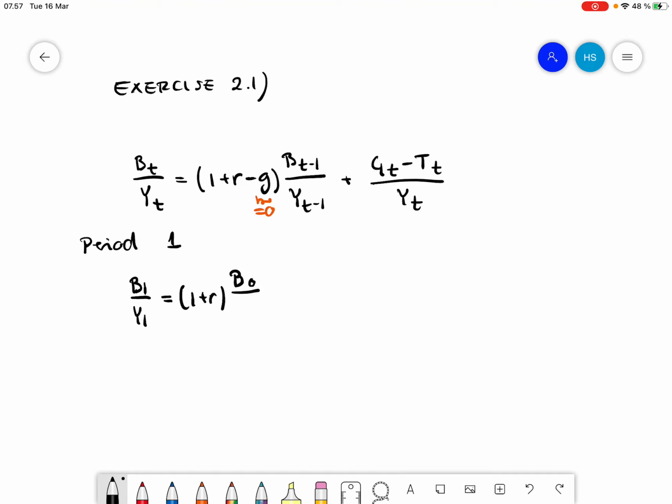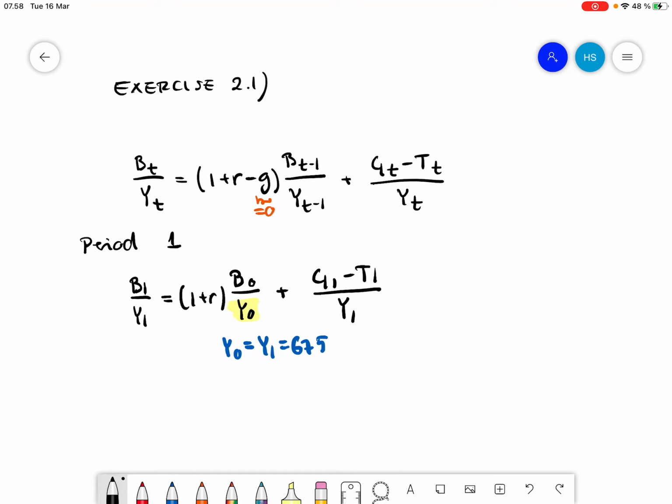So we get debt stock in period 0 over output in period 0, plus government spending in period 1 minus taxes in period 1, over output in period 1. Output in period 0 is unknown, but we know that there is no output growth. As a result, output in period 0 must be equal to output in period 1, which is just 675.